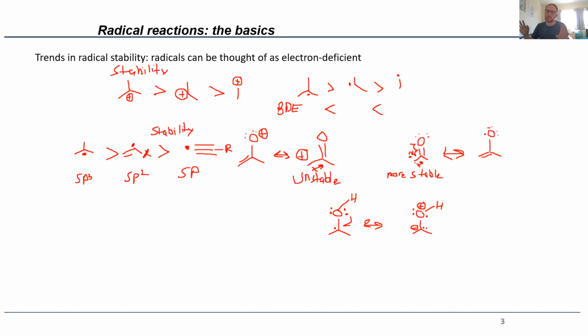Those two things are always at play, right? Electron withdrawal from the electron withdrawing group through induction, but also resonance stabilization. Both of them are active, and in the case of radicals, it's a stabilizing effect. In the case of carbocations, it's a destabilizing effect, because of their relative contributions. Are there any more questions on this?